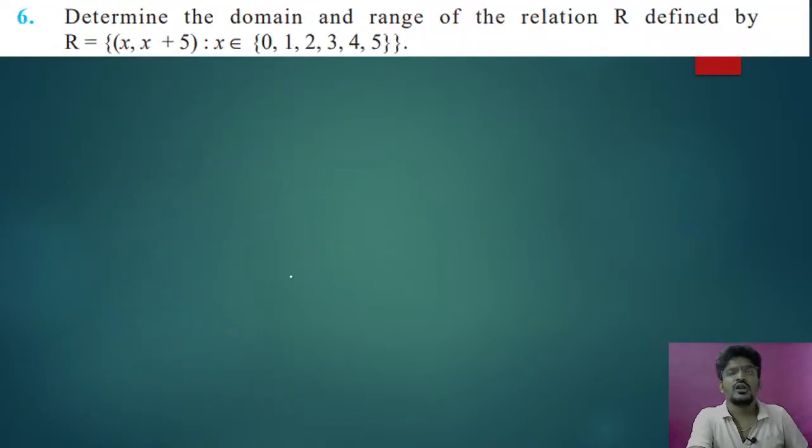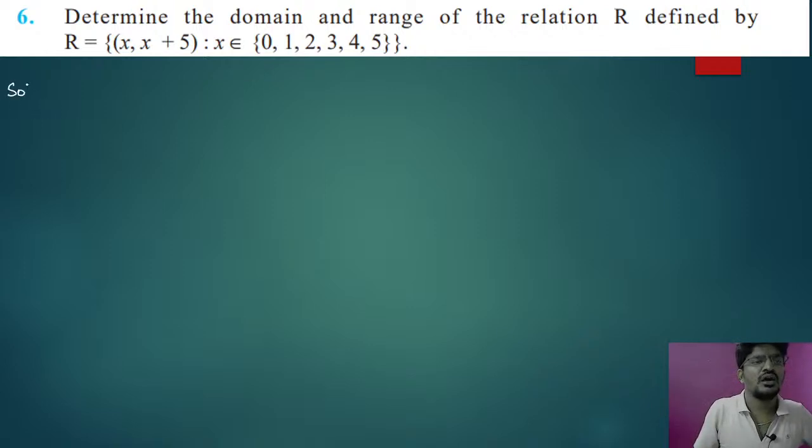Now let us go for question number 6. Sometimes, unfortunately, I will lose the connection between the internet and my laptop because of the power cut. If it happens like that, you understand that because of the power cut the connection has gone, and you can just close your YouTube and go through your works.